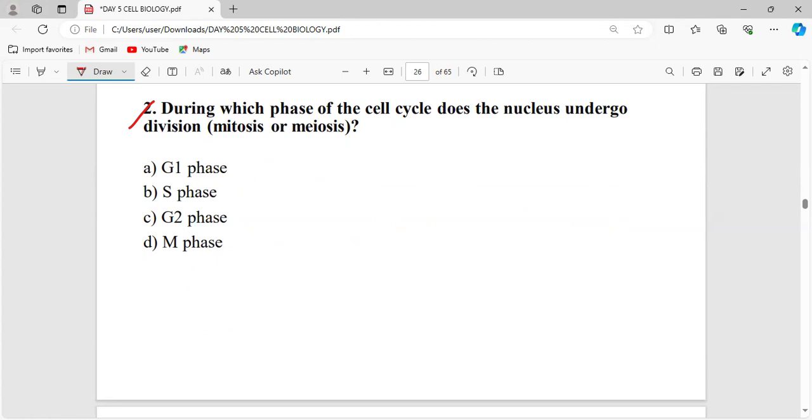Whether it will be mitosis or meiosis, in which phase of the cell cycle does the nucleus undergo division? In the cell cycle, does the nuclear division, that is karyokinesis, happen first or the cytokinesis?